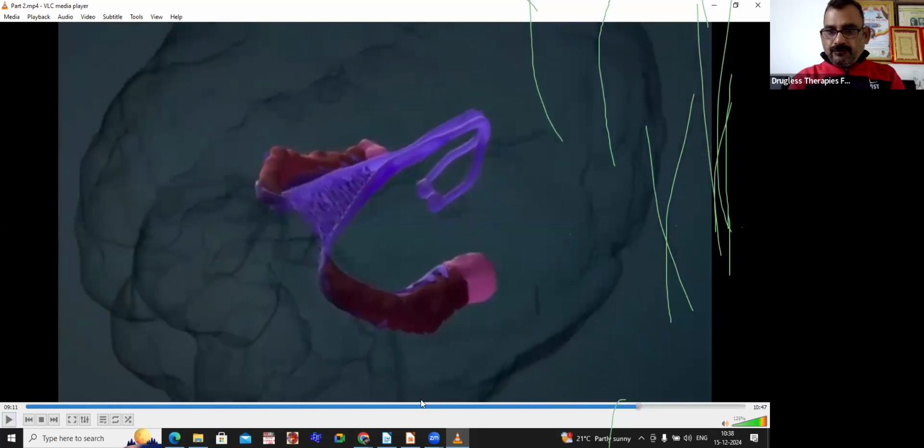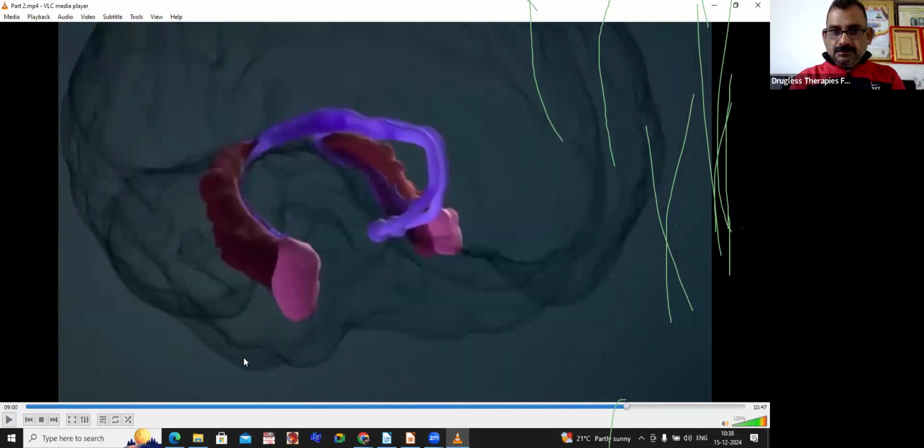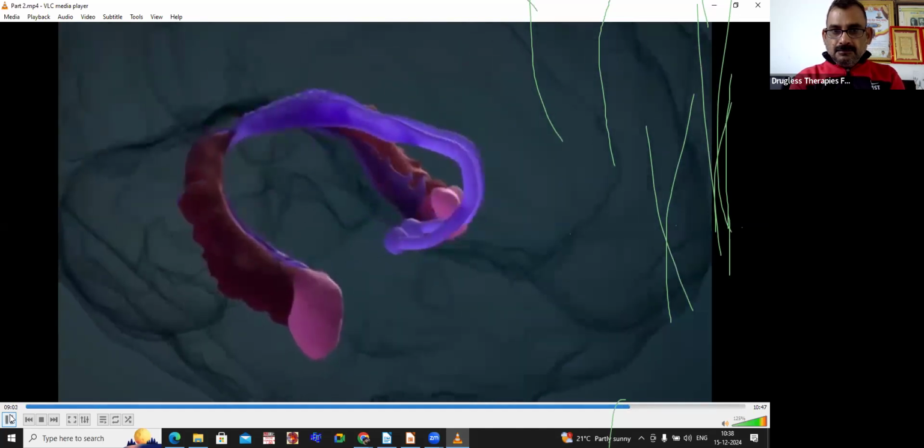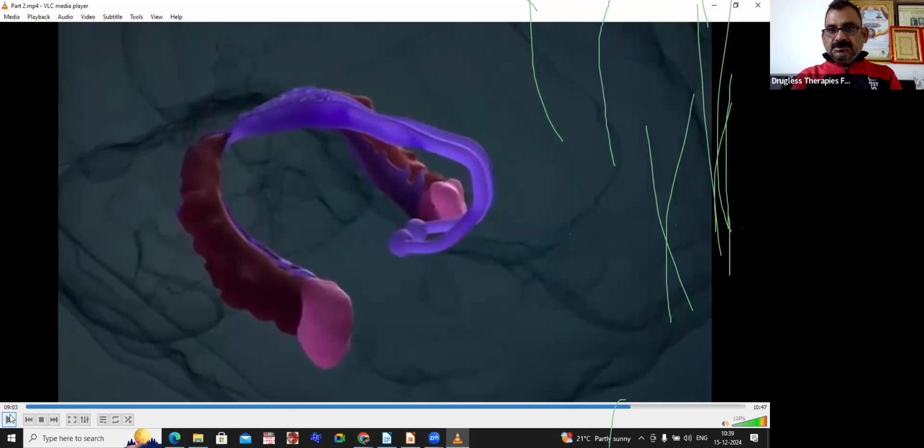If the hippocampus is damaged, we generally see this type of complaint. They have only the old memories, but they are not able to recollect recent events.